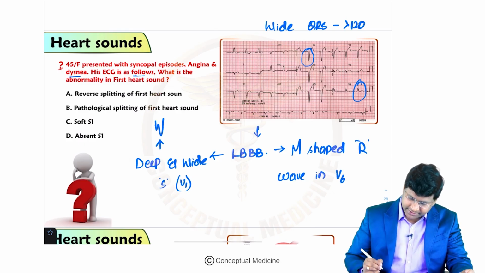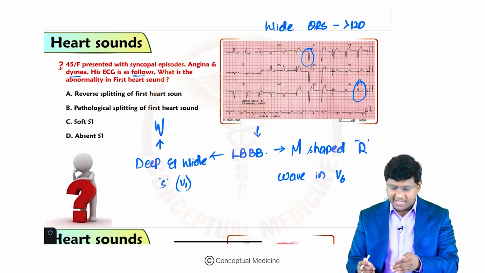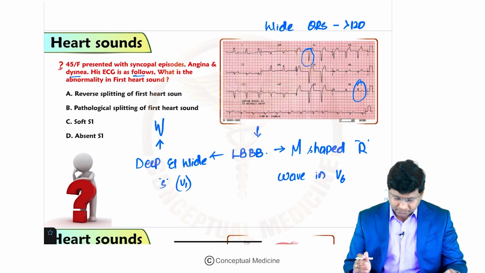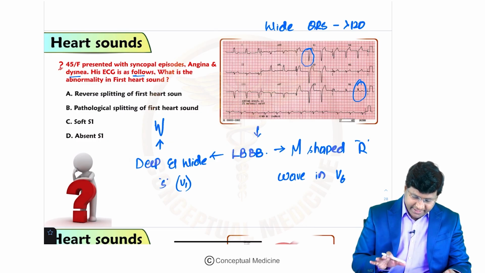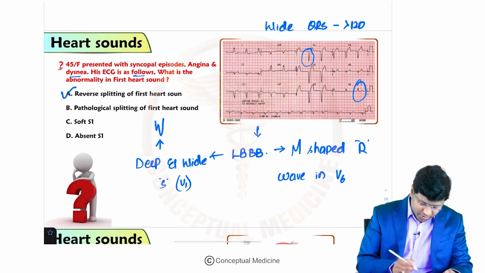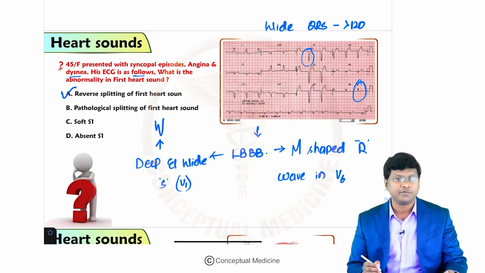So you can observe that here. So in V6 the R wave is M shaped. So these will be the findings of the left bundle branch block, and in patients with left bundle branch block there will be reverse splitting of the first heart sound.